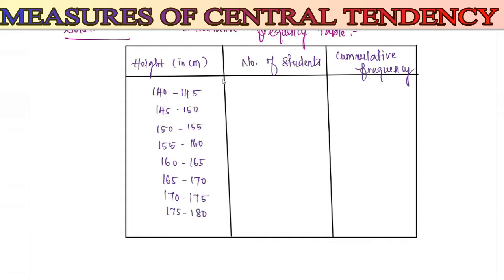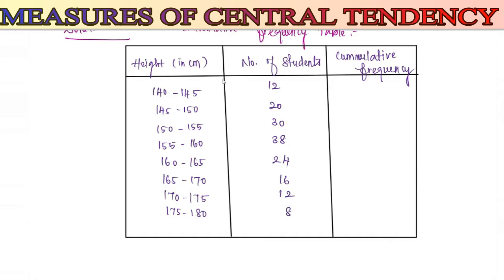The number of students 12, 20, 30, 38, 24, 16, 12, 8. And we need to find the cumulative frequency.